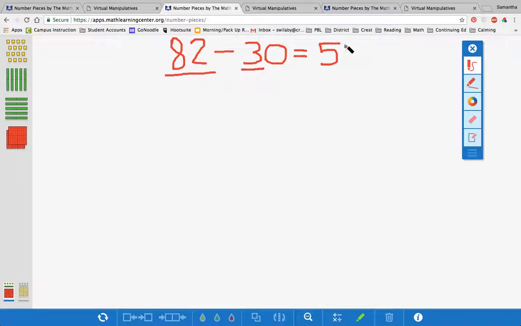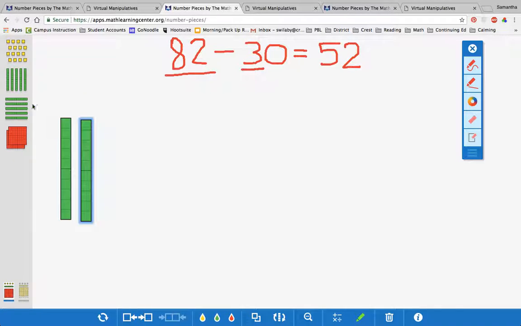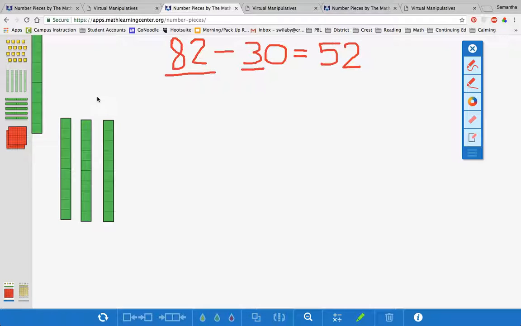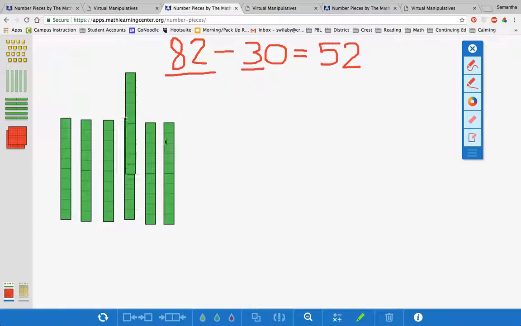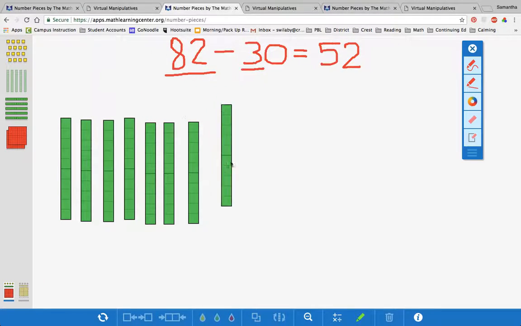As all good mathematicians do, I'm going to check myself with another strategy. So I'm starting with 82. Again, I'm going to do the base 10 blocks. So I will need 8 10s. Let's double check. 10, 20, 30, 40, 50, 60, 70, 80.